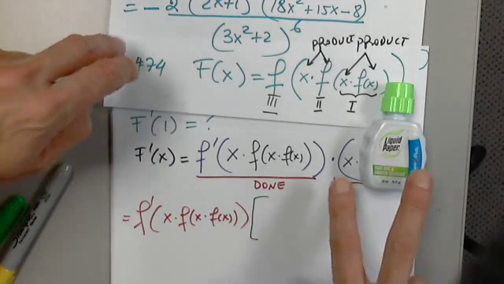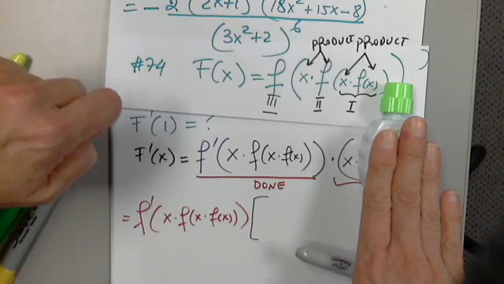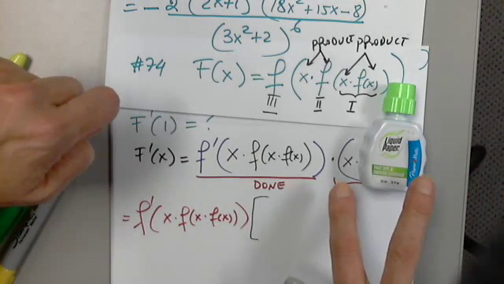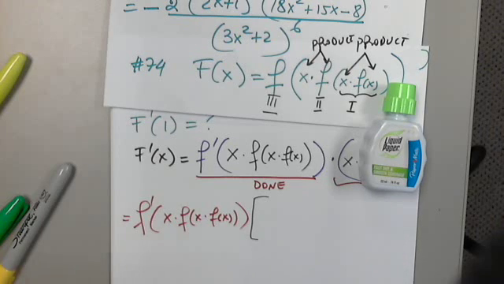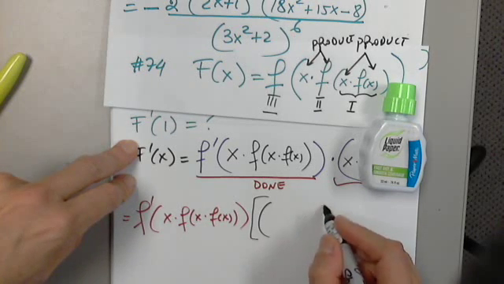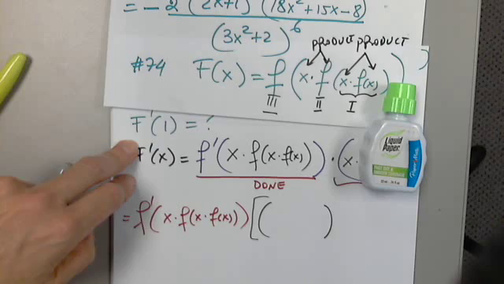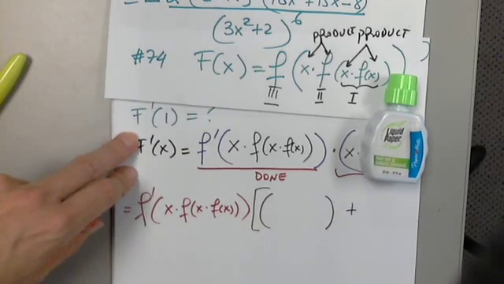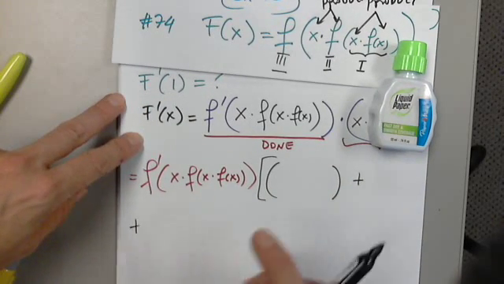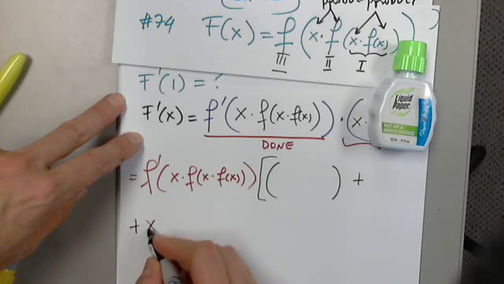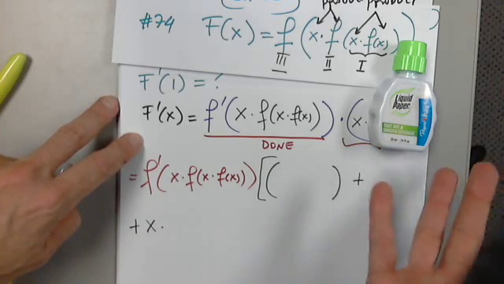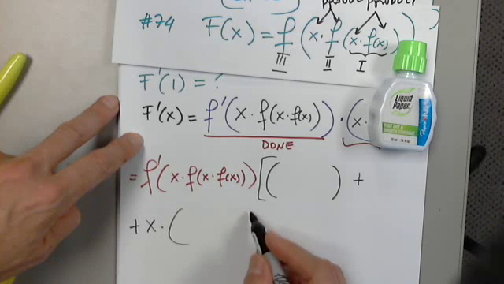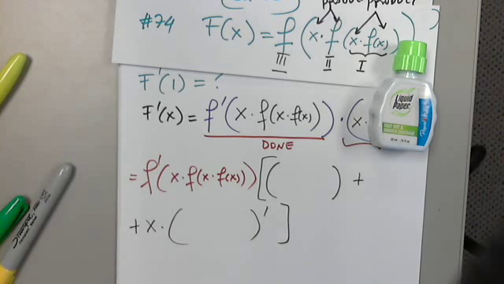How do I differentiate this product? X prime, which is 1, times whatever, and I'm going to write it in a second, plus this times whatever I have here hidden, prime.